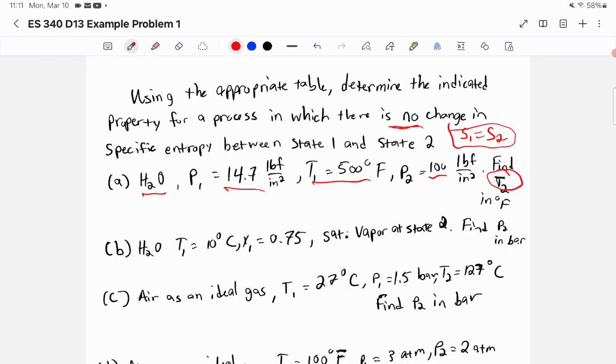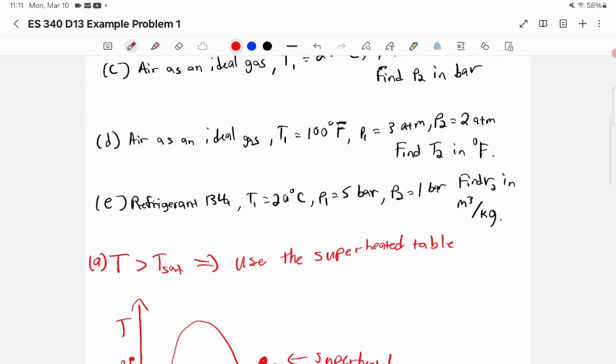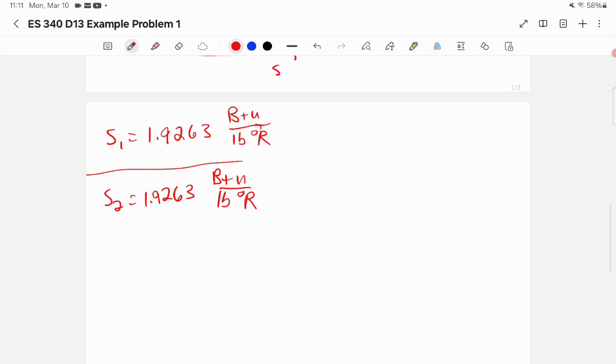But sometimes they use wording like saturated, and the fact that it's saturated tells you what that second property is. Or maybe it's a mixture, and they give you the quality of the mixture. That's enough to work backwards and find a second property. But we always have enough information to get the two properties.